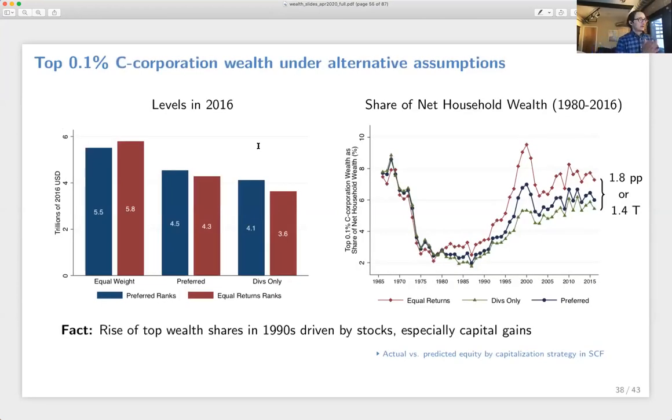Similar in terms of the ranking effects for estimating C corporation wealth. What's fun on the right, you can see under different approaches for how much weight you put on capital gains, the spread is about 1.8 percentage points or $1.4 trillion in 2016. You can see the fall and rise of top 0.1% wealth, which follows what's going on with the aggregate stock market.